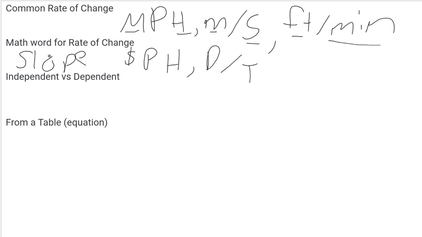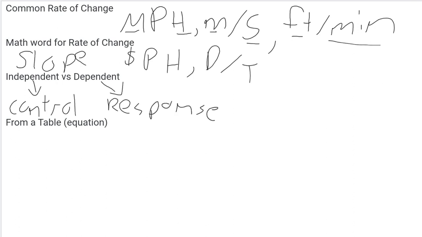And how we find slope is we compare the independent to the dependent. So independent is what I can control. Dependent is the response. So for example, I can control how many hours I'm at work.